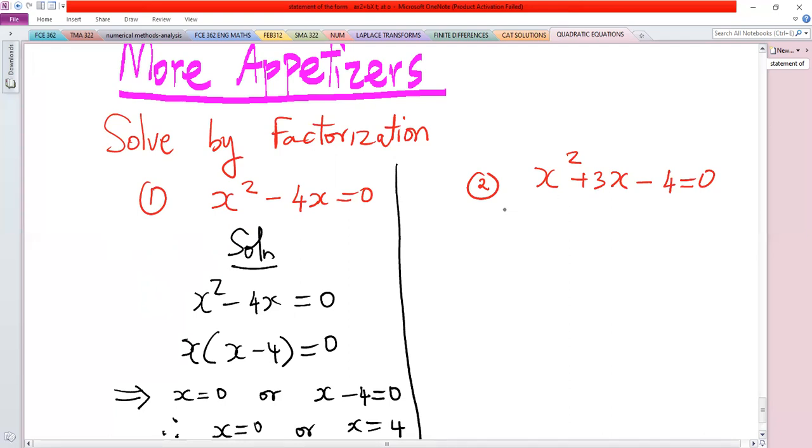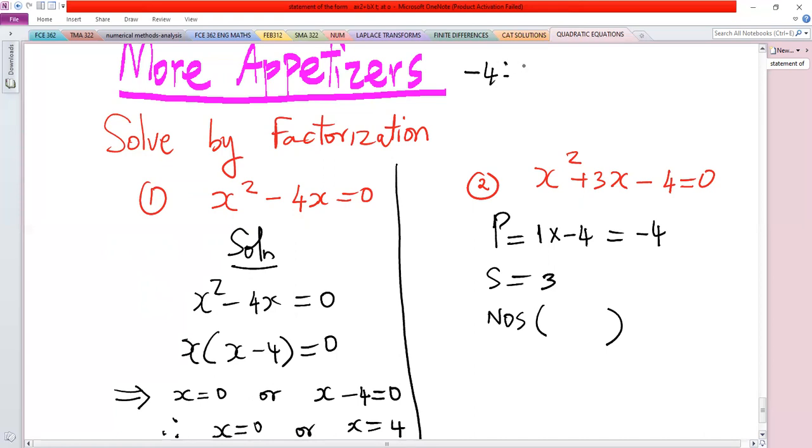For this other one, define product as 1 times minus 4, which will be minus 4, and sum as 3. So we don't struggle with the numbers. Just write the product, minus 4, and list its factors: plus or minus 1, plus or minus 2, plus or minus 4.